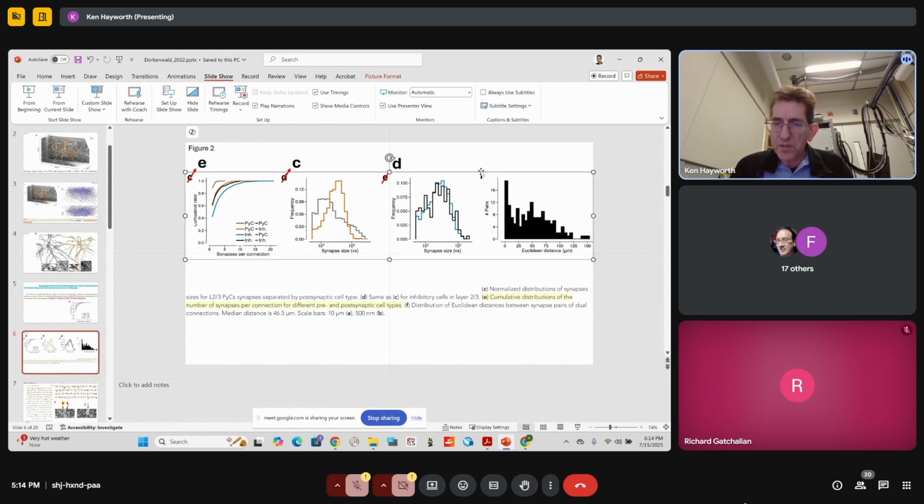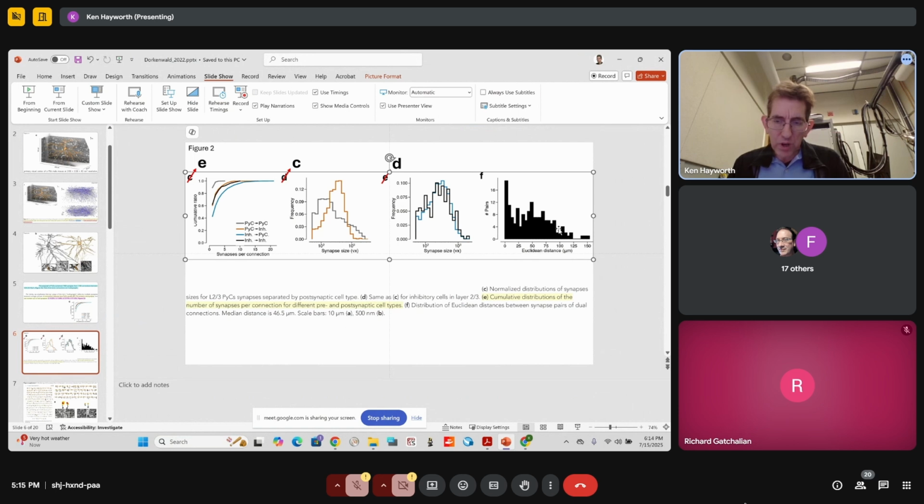I want to point out figure F here, which is also interesting. This is the distribution of Euclidean distances between synapse pairs of dual connections. If we had a case where two synapses are very close to each other on the same axonal branch and the same dendritic branch, which I see a lot, then there should be just a few microns between those.